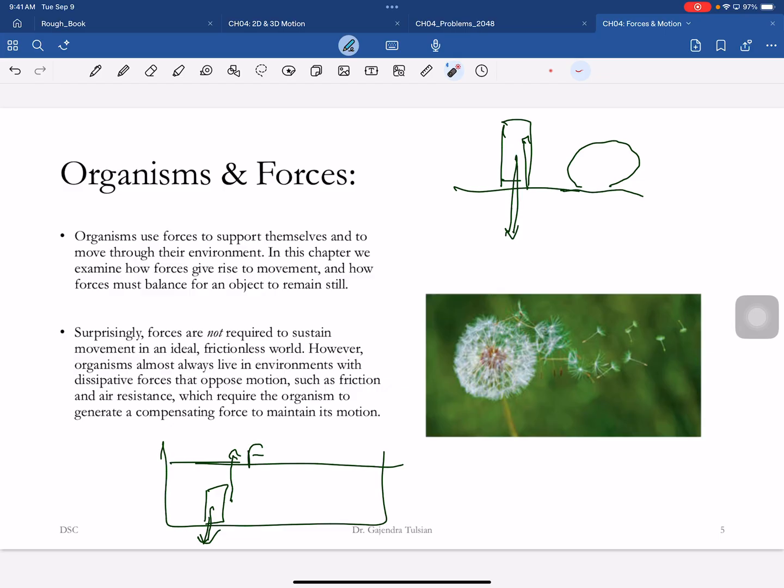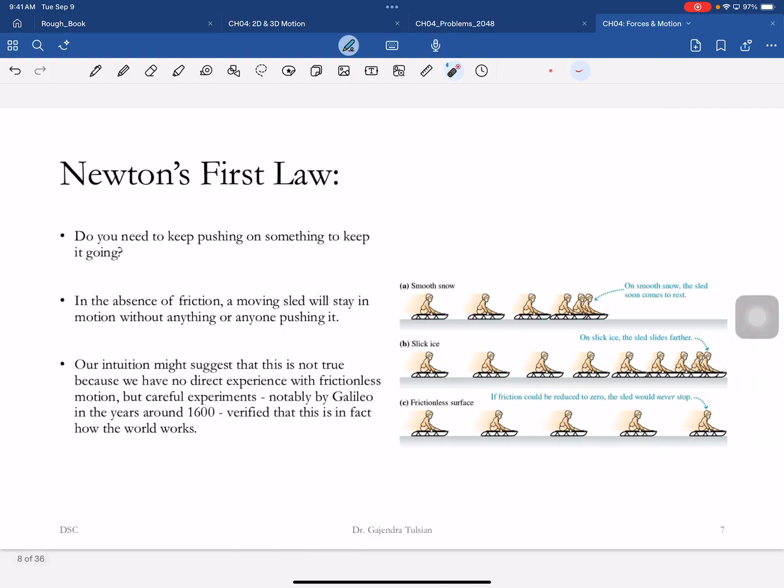If there was no friction, for instance, if you went out in space and there were no forces acting on the object, you'd throw a ball at 90 miles an hour, a fast ball, and that ball would go forever at 90 miles an hour. So no forces are required to maintain a motion. In fact, we have a very good example of this.